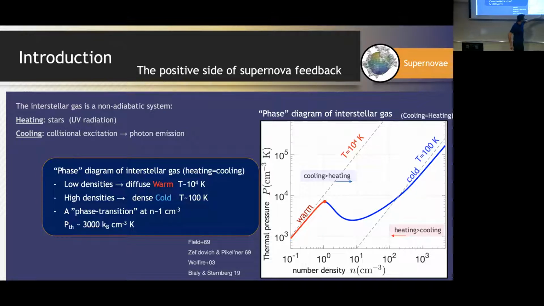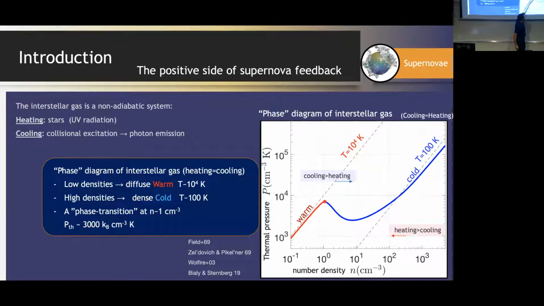Here we look at the number density in particles per cubic centimeter, so very low densities. I'll make the analogy in a second. This is the thermal pressure, and every point on this curve obeys the equation of heating equals cooling. So you're in a thermal steady state, not cooling, not heating.